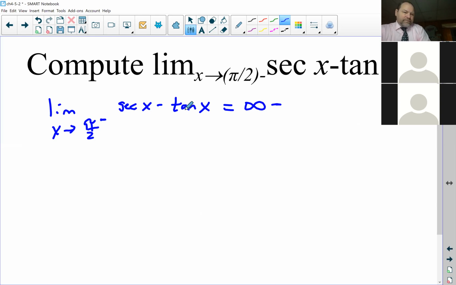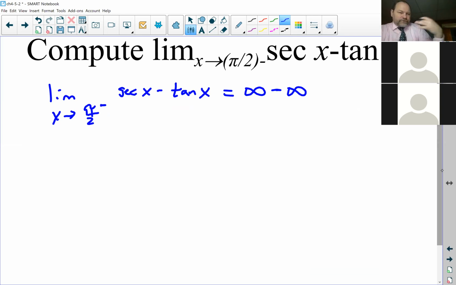Tangent at pi over 2, well, tangent is sine over cosine. Sine at pi over 2 is 1. Cosine at pi over 2 is 0. Both are positive to the left of pi over 2, so it's a positive infinity.